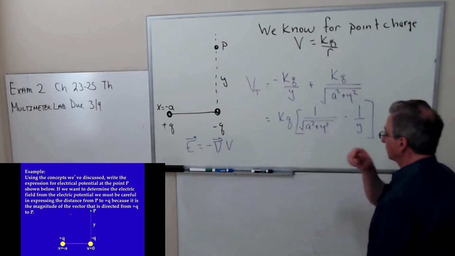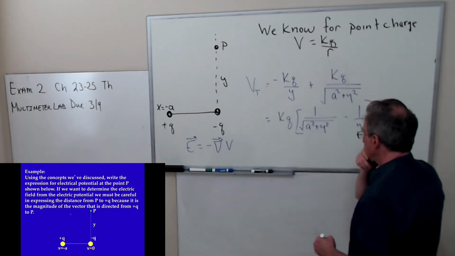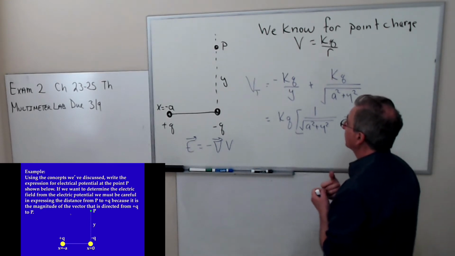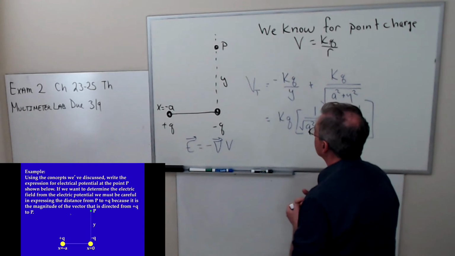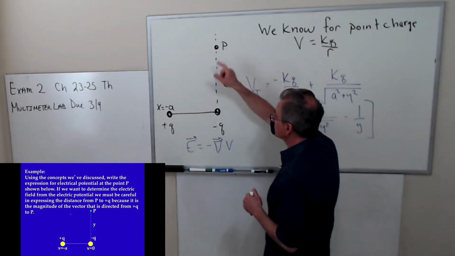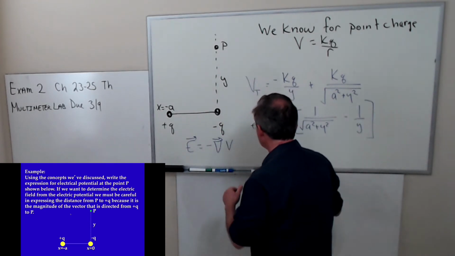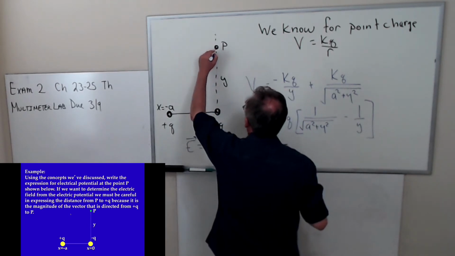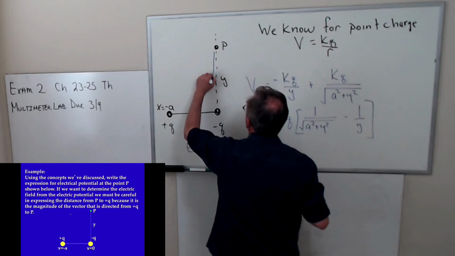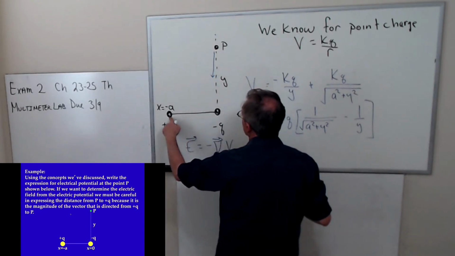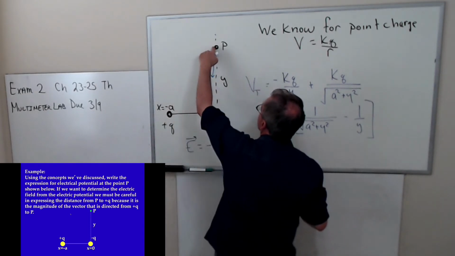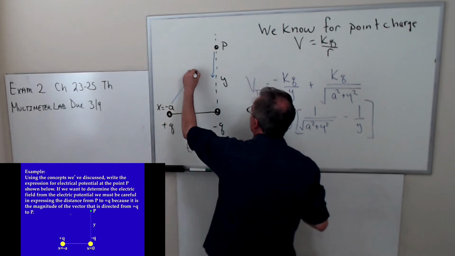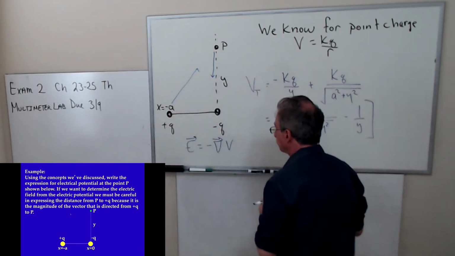let's calculate the electric field. This thing is going to have an electric field component at this point in the x direction and the y direction. Why? Because the electric field due to this charge at this point points downward, and the electric field due to this charge at this point is directed that way.